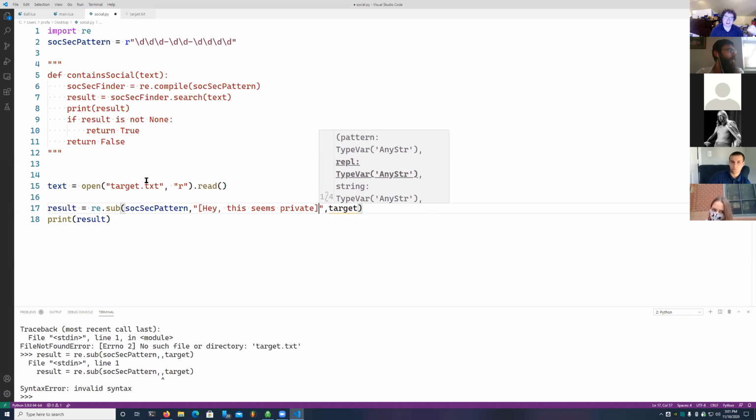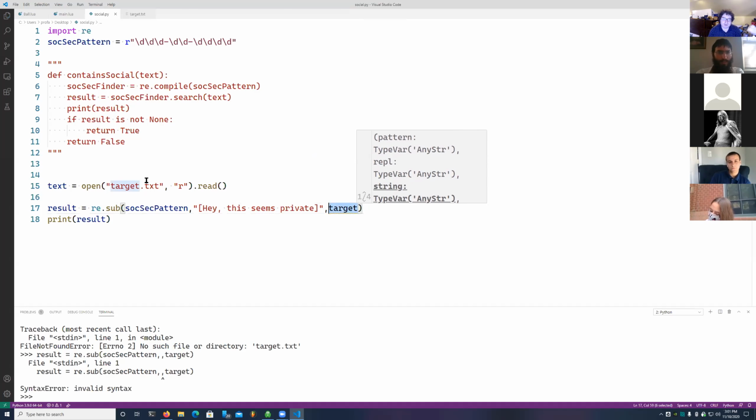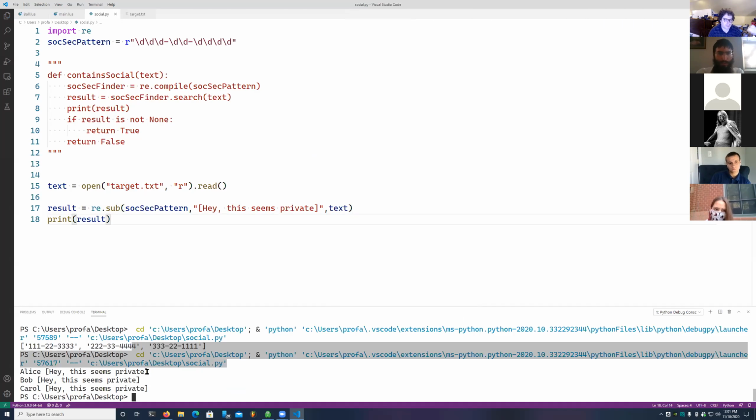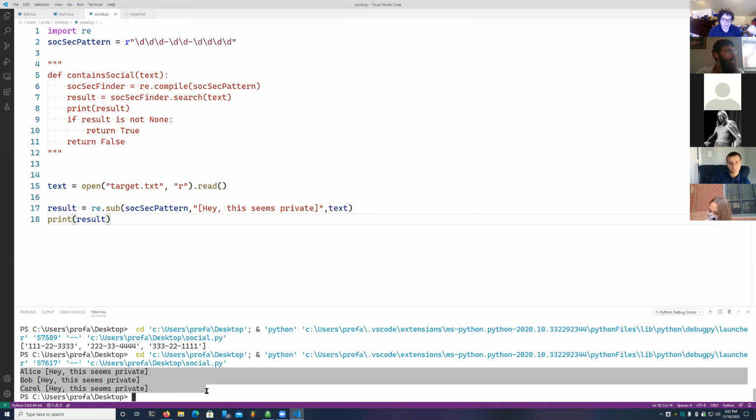The brackets are not necessary, but in English, they represent that the text has been edited in some way, shape, or form. And then what text do I want to look in? Well, text, which is the file I just opened. We replace it, and boom. Now our output is that. All the social security numbers are replaced with that.